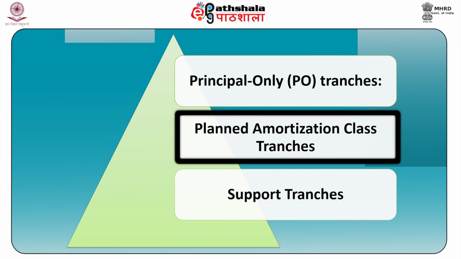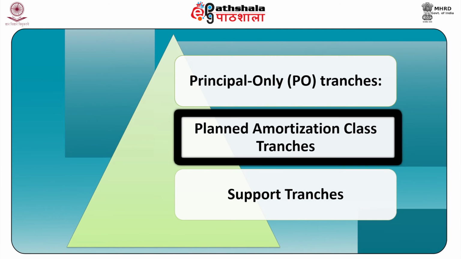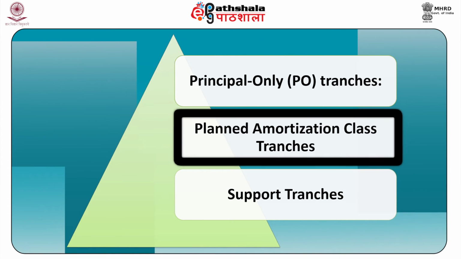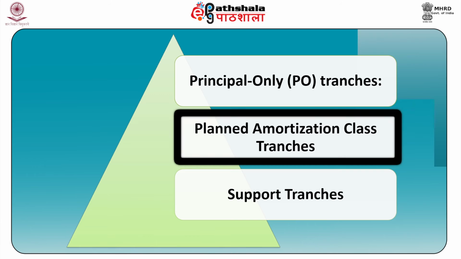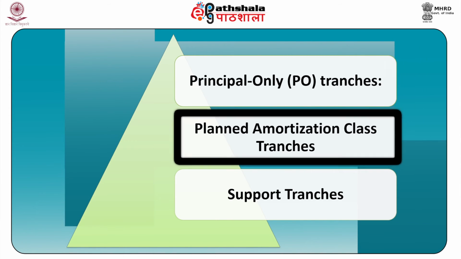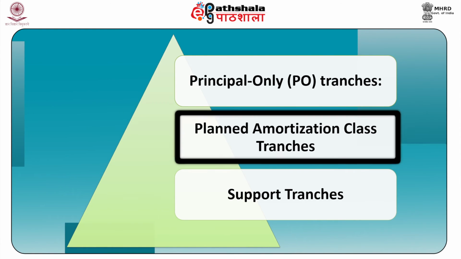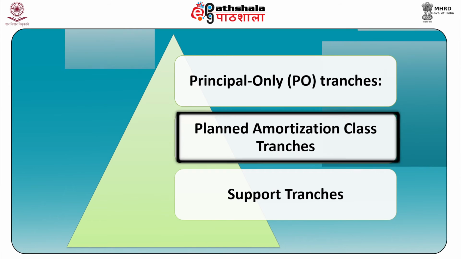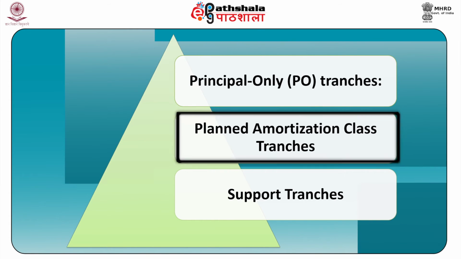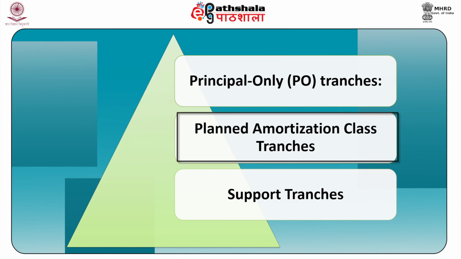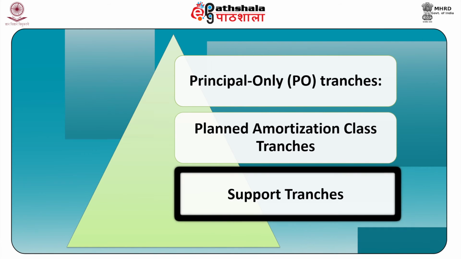When there are a lot of prepayments on the bundled mortgages, then the PAC tranche is paid only the planned principal repayments, and any excess cash flow has to be transferred to support tranches. Thus, PAC tranches have minimum prepayment or extension risk, as their risk is absorbed by support tranches, also sometimes known as companion tranches.